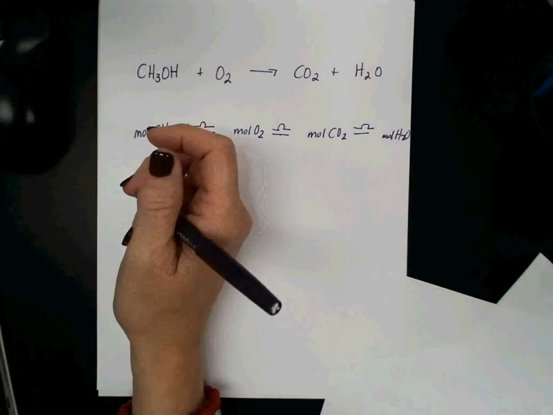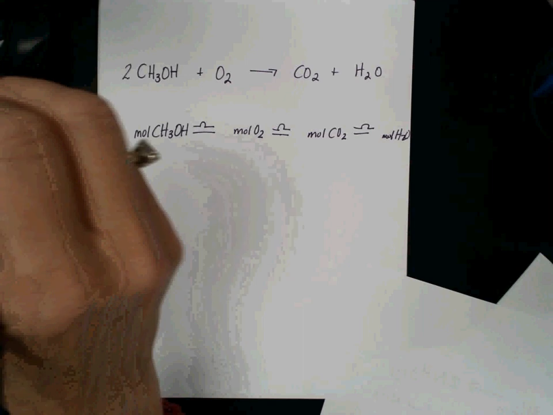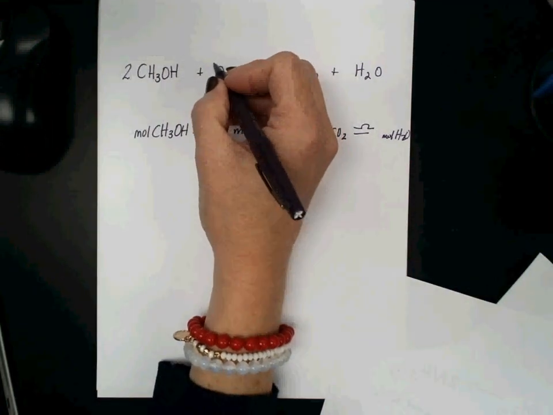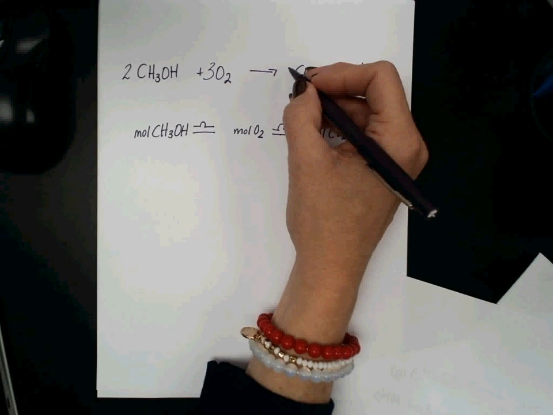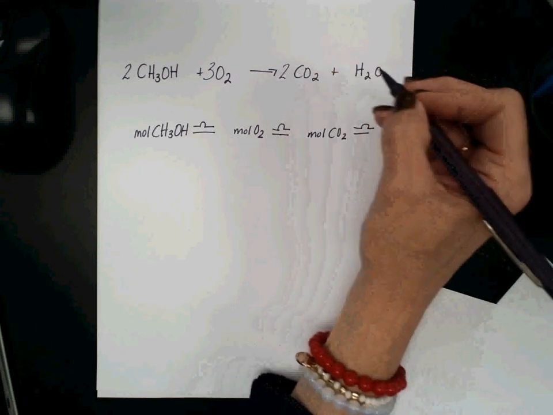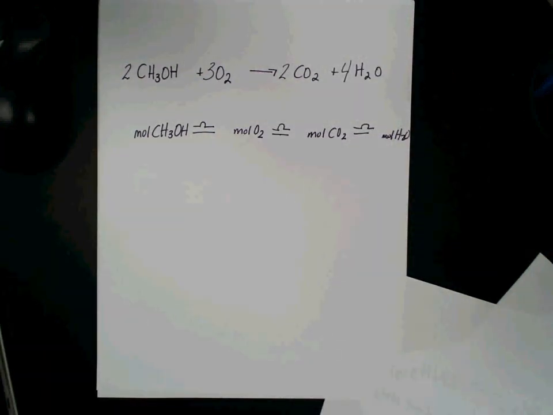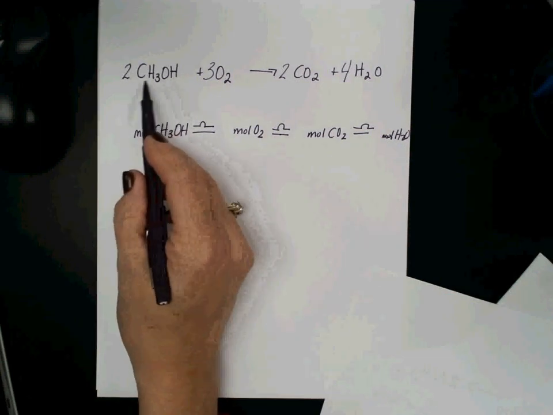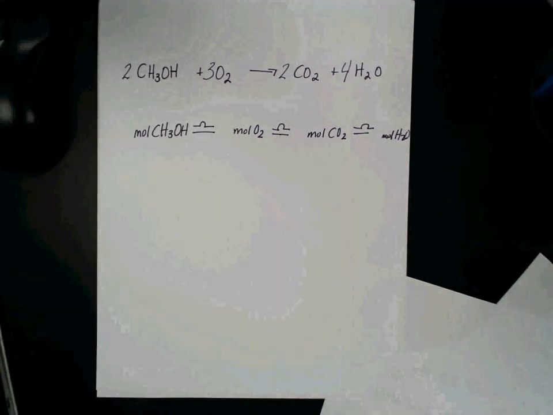Okay. Kennedy, read me what you have. 2CH3OH plus 3O2 yields 2CO2 plus 4H2O. Okay, when I did it, that's what I got. One of the things that makes this a little tricky is these hydrogens separated.